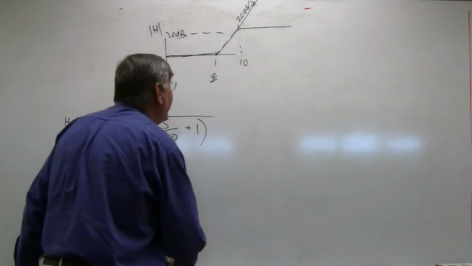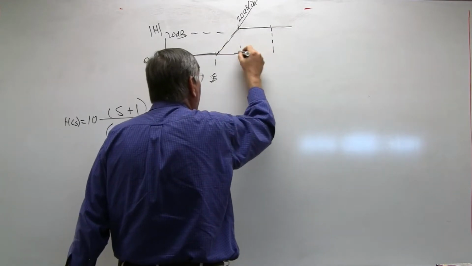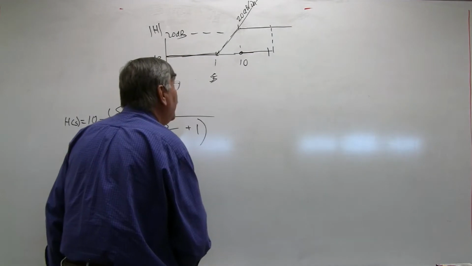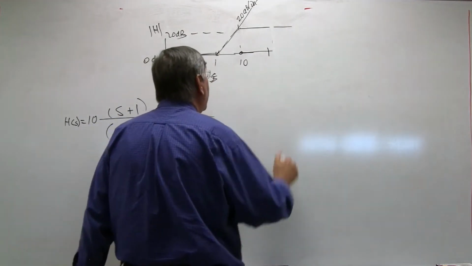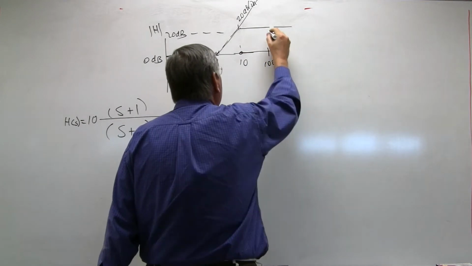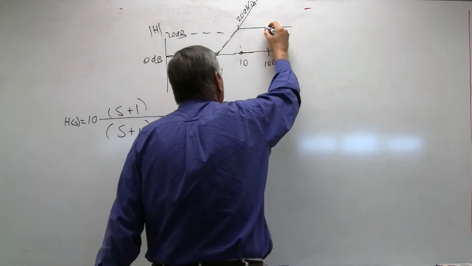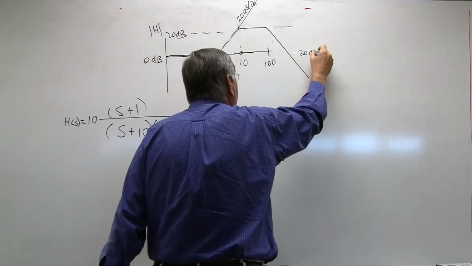So when we get out here to one more decade, which is the same distance from here to here as it was from here to here, if I scale it right, it should be something like this. We're going to get a new asymptote at s equals 100 units. At which point, this is a pole, so it's going to break down again, and now this thing will go with minus 20 dB per decade.